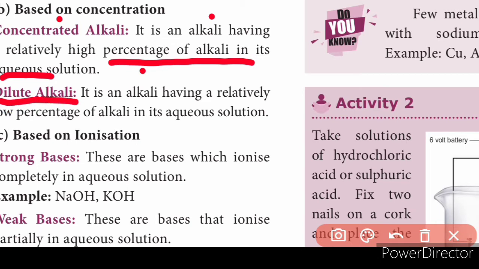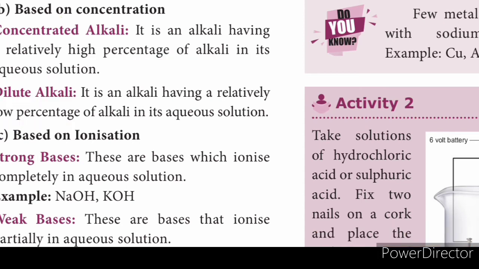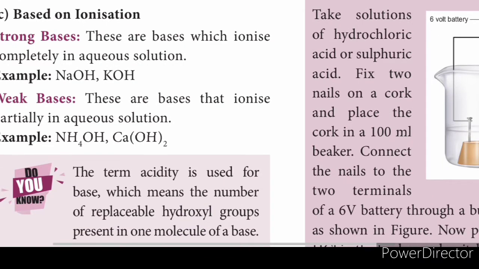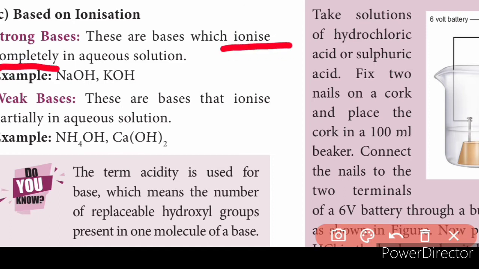If it is dilute alkali, the solvent amount will be more than the percentage of alkali. It is an alkali having a relatively low percentage of alkali in its aqueous solution. Next, based on ionization, you can classify bases into strong bases and weak bases. Strong bases ionize completely in aqueous solution, for example sodium hydroxide and potassium hydroxide.